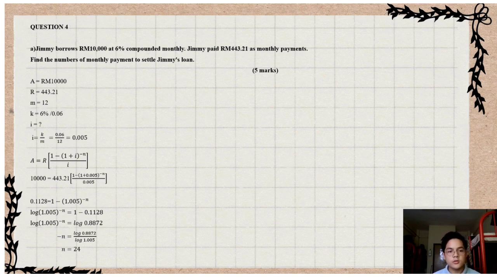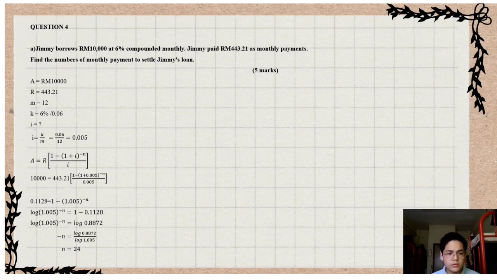Then we calculate it, then we get 0.1128 equals 1 minus (1.005) to the power of negative n. Then we need to insert log.